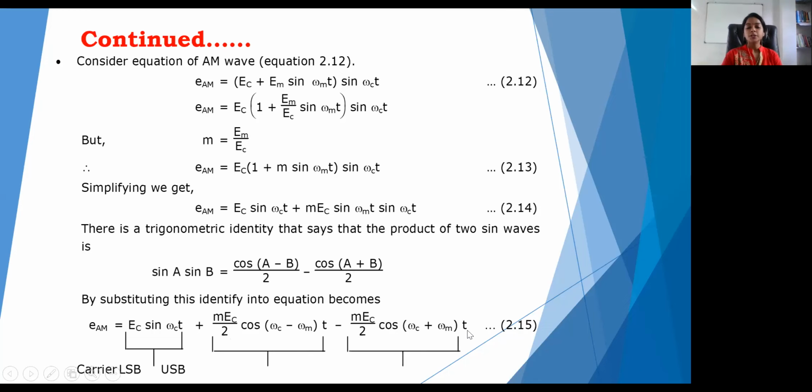So what we have done is just apply one formula to sine A sine B and write it in the form of cos A cos B. Then we have taken some common terms, m EC by 2. Then it remains as cos of (omega c minus omega m) t, and in the next one, minus m EC by 2 cos of (omega c plus omega m) t.